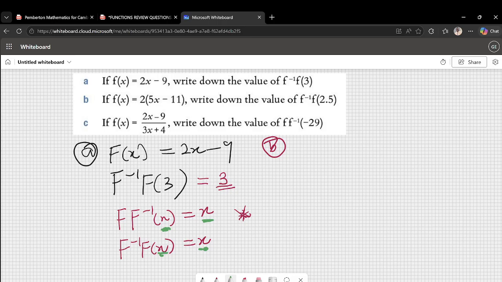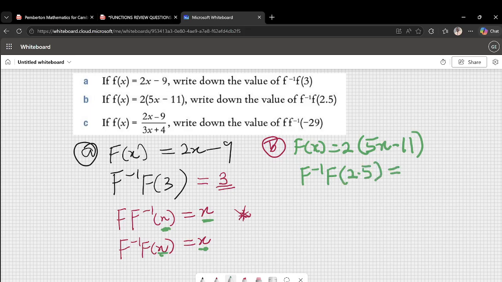So for the second one, where f of x is 2 into 5x minus 11, if we are told to find f inverse of f of 2.5, there's nothing to calculate here. The answer is just 2.5.